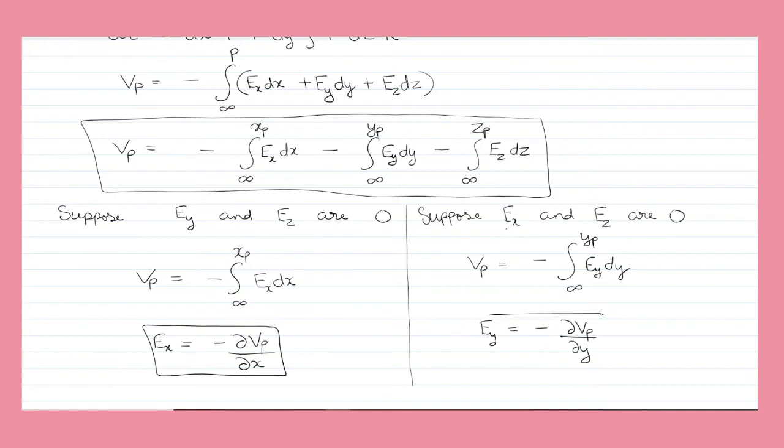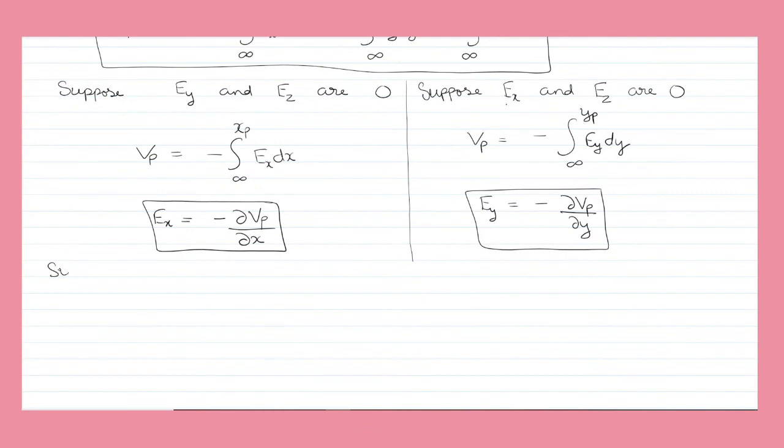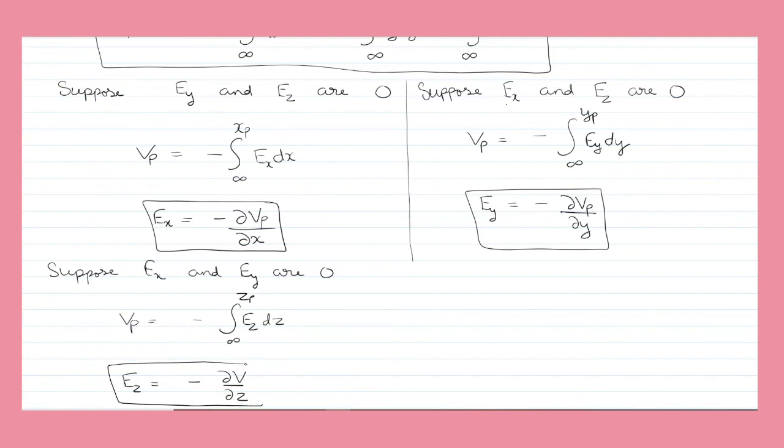And the last case will be that suppose Ex and Ey are 0. So Vp will be minus the integration of Ez dz from infinity to zp. So then Ez will be minus the partial differentiation of V with respect to z.